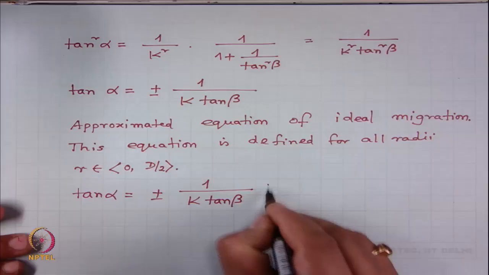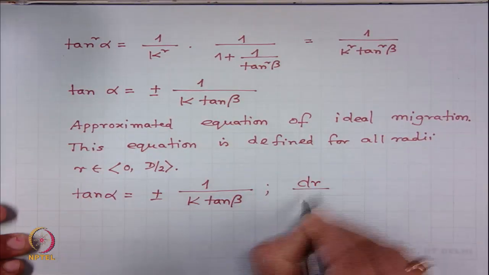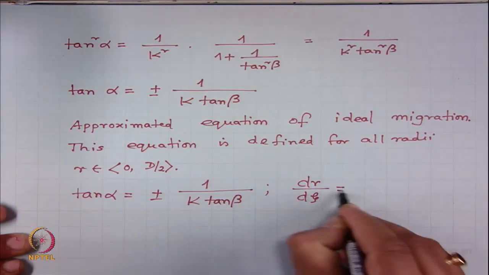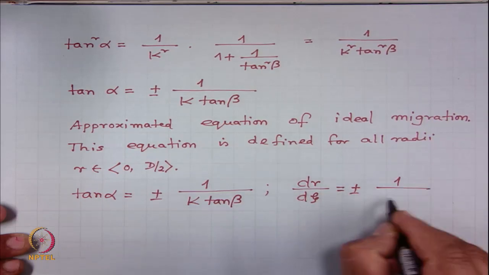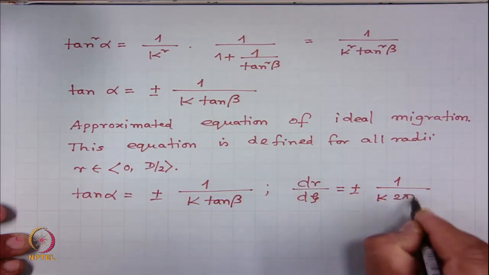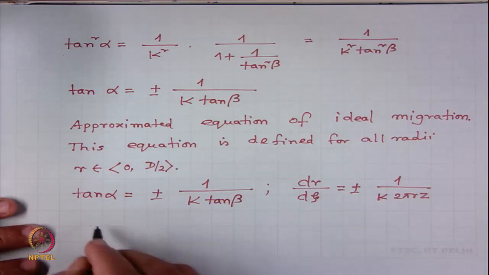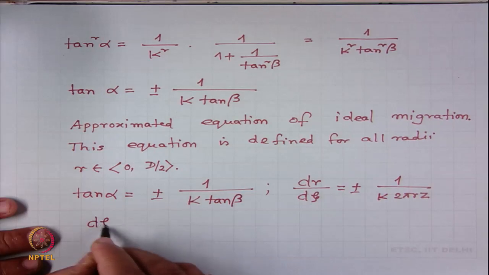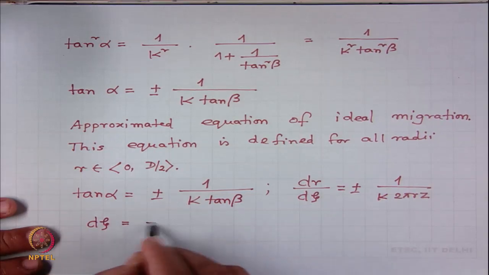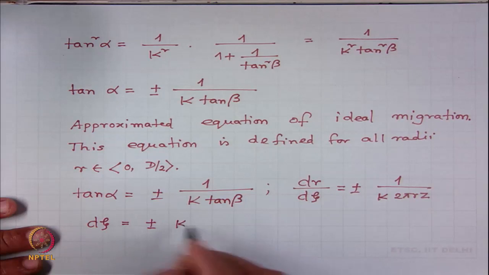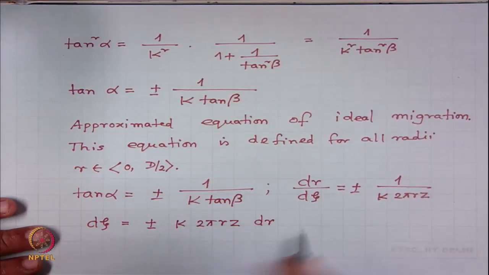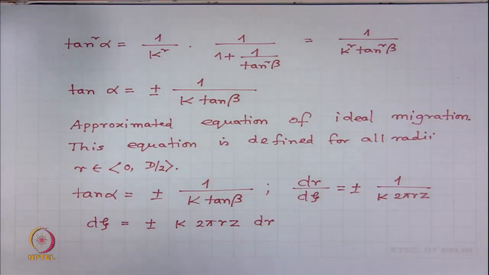So, we can write dr by d zeta is equal to 1 by k times 2 pi r z, right. So, d zeta is equal to plus minus k times 2 pi r z into dr, right.